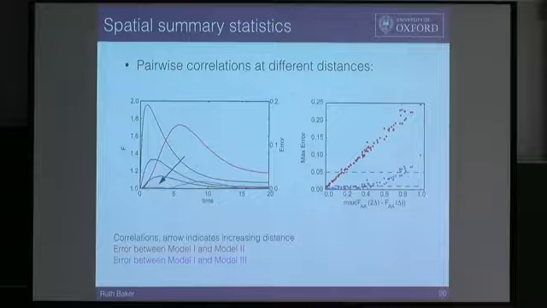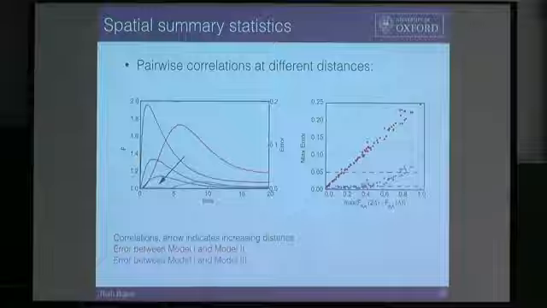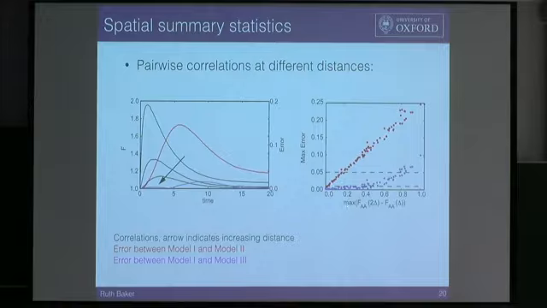What I've shown on the right-hand side is the maximum error in the model as a function of the maximum distance between the correlations at site distance 2 and the correlation at distance 1. It's a bit of a mouthful. This is for a huge range of different parameter values under both the mean field model and the moment dynamics model, so under model 2 and model 3.